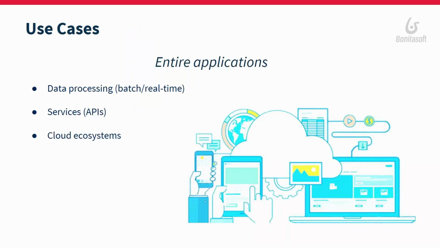When it comes to the use cases of serverless, basically we could use it to build entire applications. We just saw that in the last slide talking about distributed architecture. But serverless is really powerful when it is used in a specific way. The first one is when you trigger the serverless function from events.